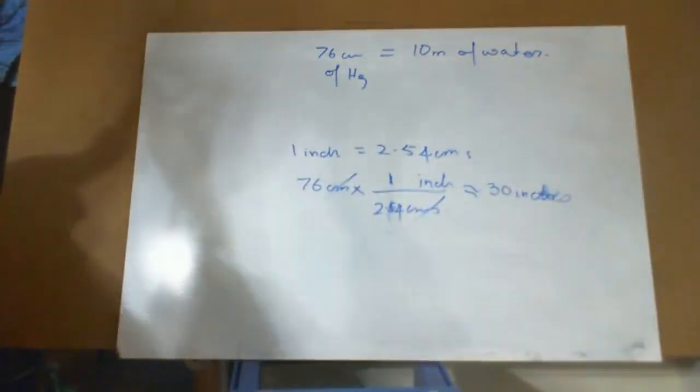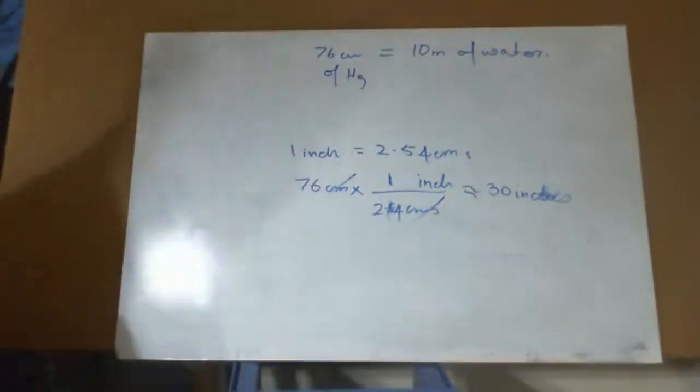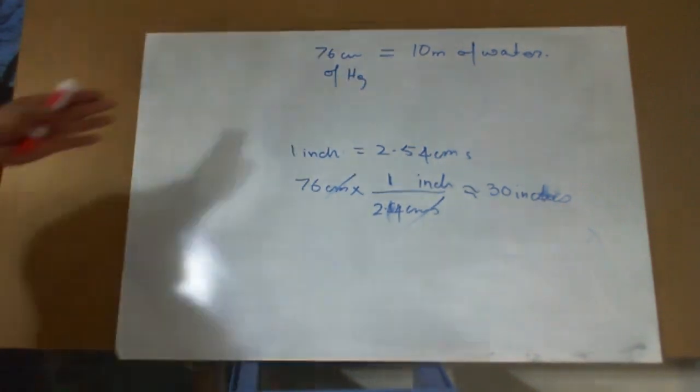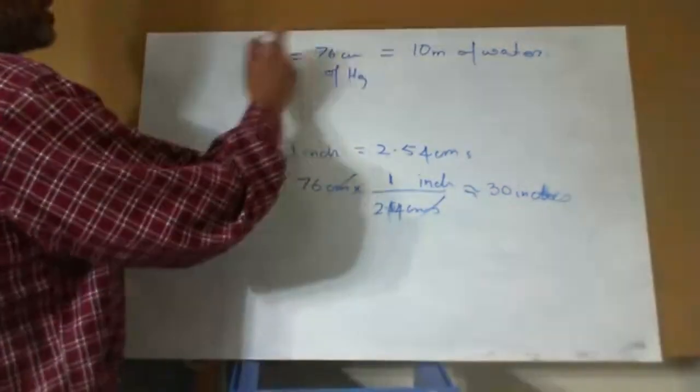Okay. So that is 30 inches. So how much water would that be? If the mercury column is 30 inches tall, how tall would the water column be? It would be 10 meters, right? Tall, because this is about 30 inches.